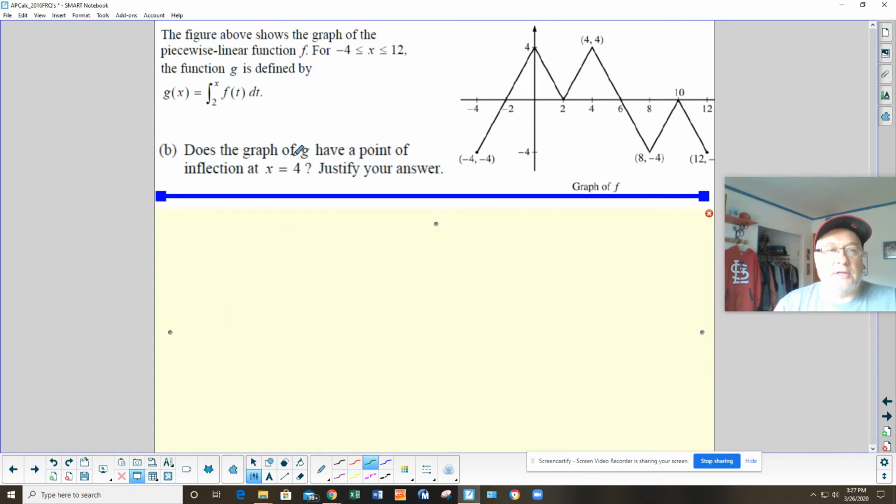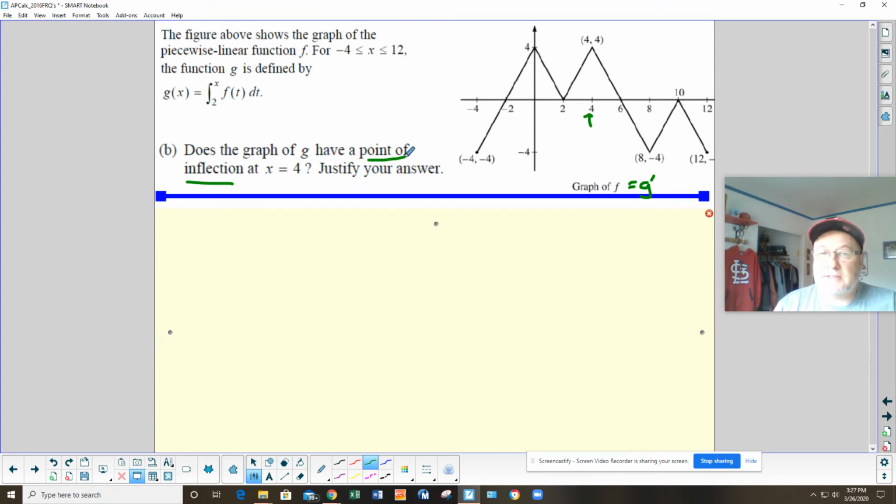Part B, does the graph of G have a point of inflection at x equals 4? So here's where I'm thinking x equals 4, but this is the graph of f, which is also G prime. So let's just think for a moment. How do I tell if something has a point of inflection? The second derivative must change sign.